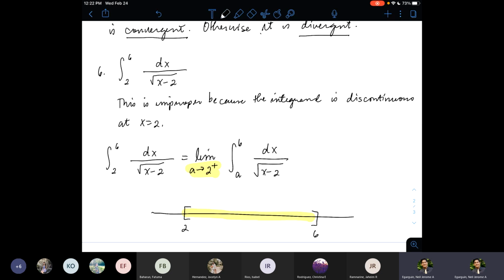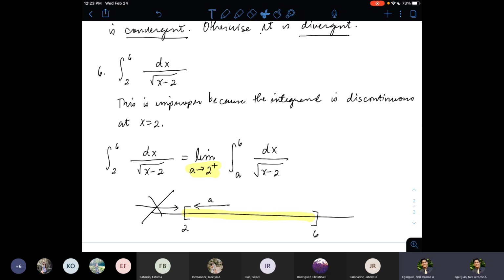And in particular, we want to approach 2 coming from the right. So these are our values for a. We don't care about what happens from the left of 2, because that is outside the integration interval. So we don't care if the limit does not exist coming from the left of 2, because that's outside of our universe, which happens to be the closed interval 2, 6 here. So essentially, you just need to take the limit as a approaches 2 coming from the right.